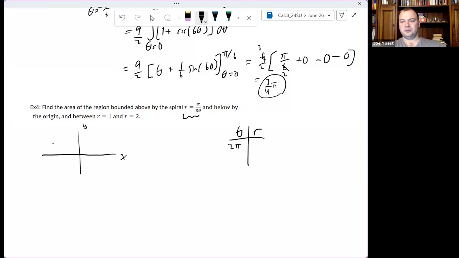If I have something like 2 pi, well, pi over 3 theta is pi over 6 pi, that's 1/6. So that's kind of around here. 1/6 is like when we're approaching the positive x-axis, but from the fourth quadrant.